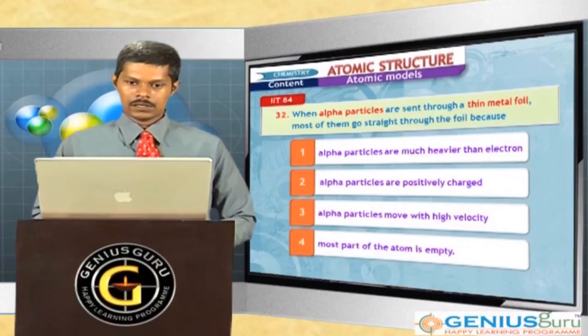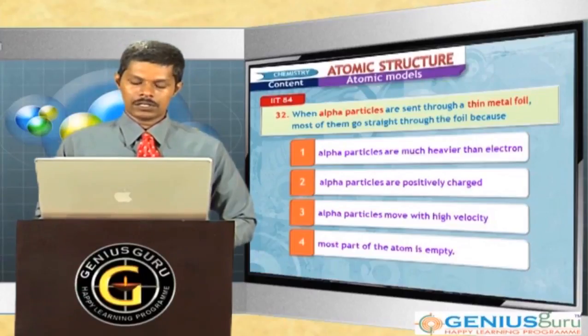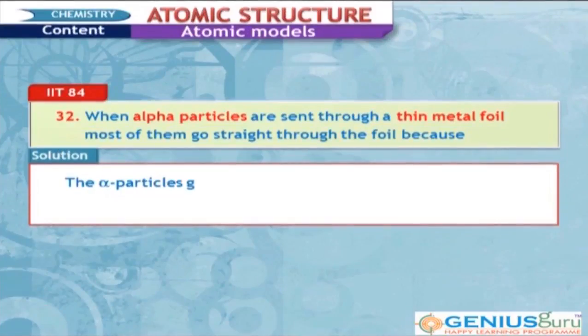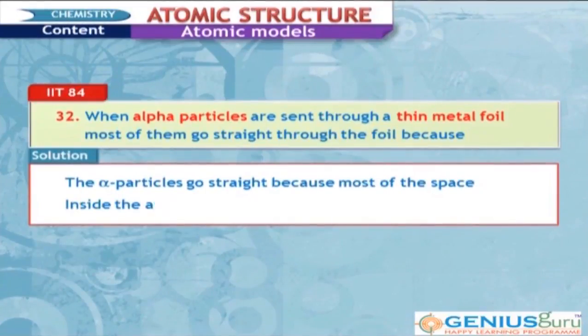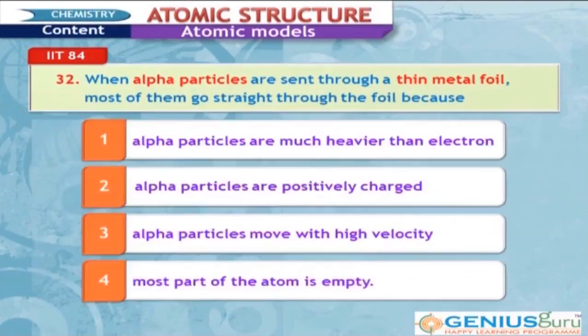Yes, this is the observation made by Rutherford. Most of the alpha particles pass through the metal foil. They go straight because most of the space inside the atom is empty. Because of this empty space, the particles go straight. Hence, the correct option is 4.